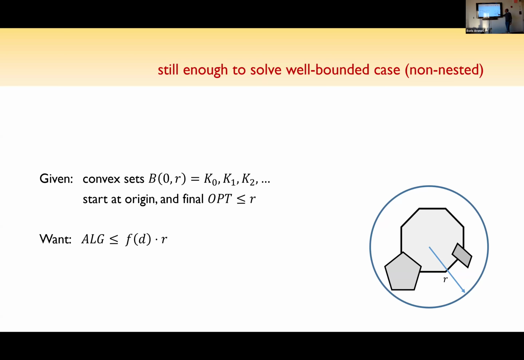The bodies could intersect, but if I guarantee you that the optimum is within this ball, you can just throw away whichever part of the body is outside. Because if opt is not going to go there, why would we? If the body is completely outside this ball, we have a proof that opt can't be less.